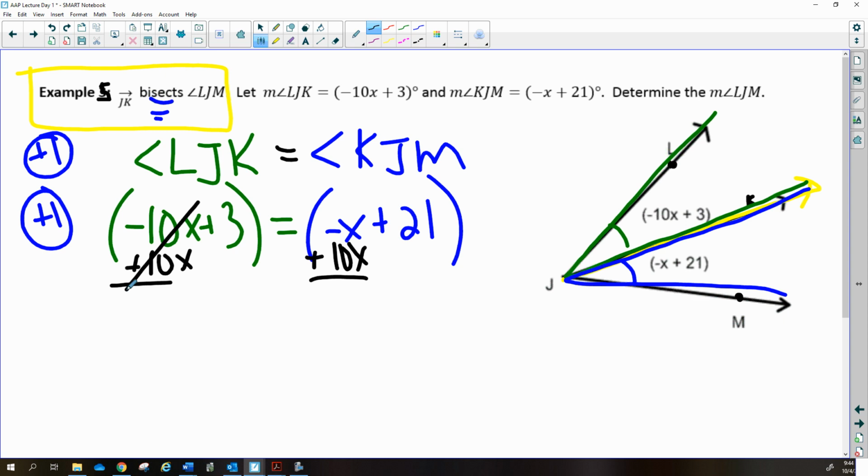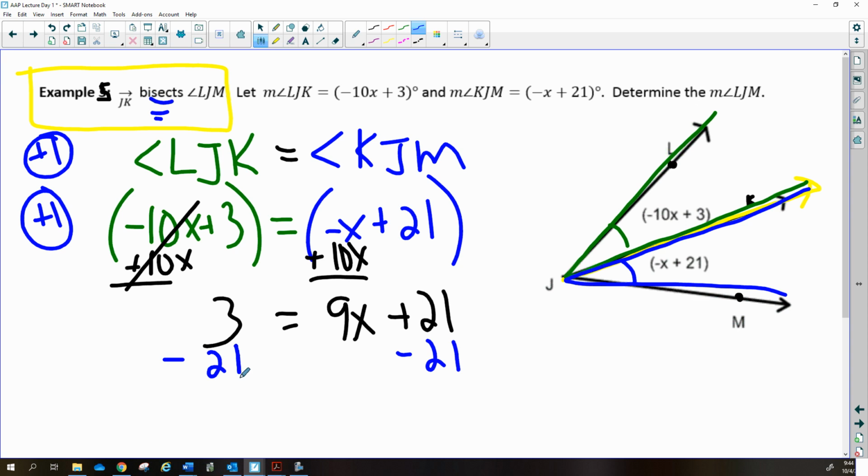What we're left with is 9x plus 21 on the right side and only 3 on the left side. After subtracting 21 from both sides, I'm going to have 9x on the right side and negative 18 on the left.